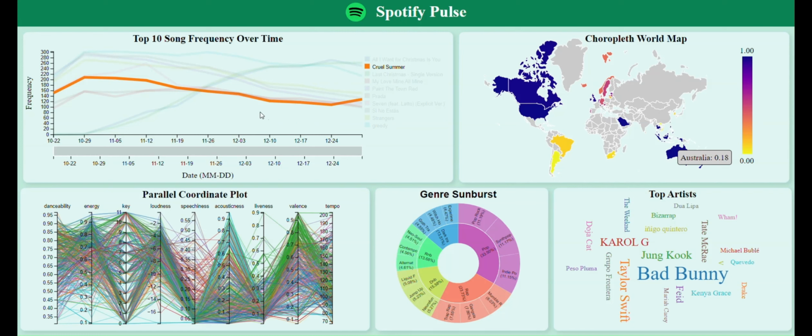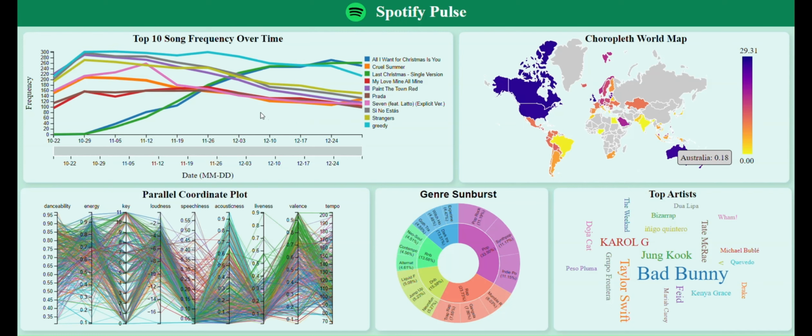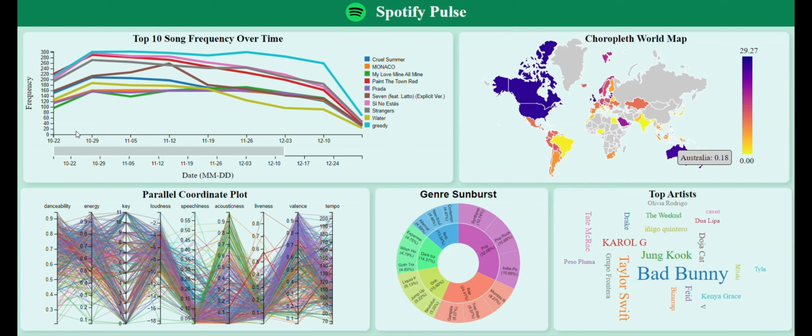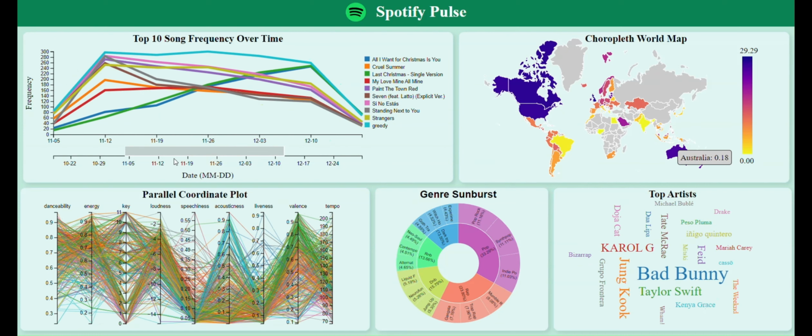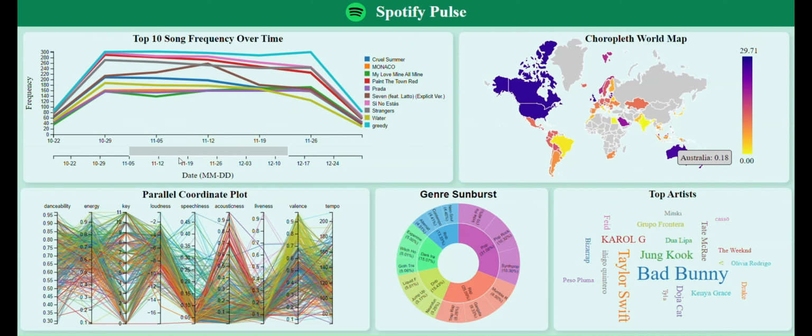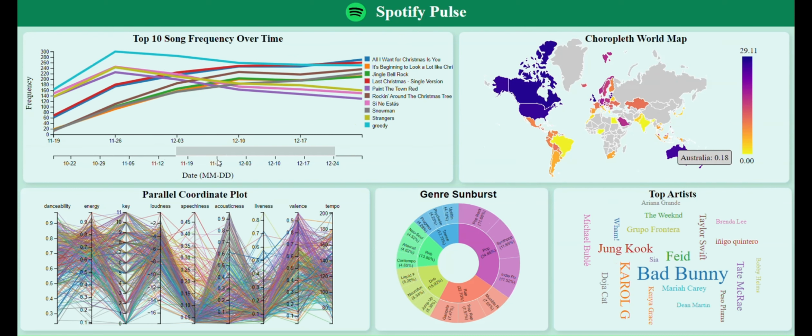If you click anywhere else in the plot, everything comes back to normal and resets. We also have a timeline here which we can drag, so we can change the starting and end dates, and based on this the plots vary. You also have the option to drag to any of the particular dates.